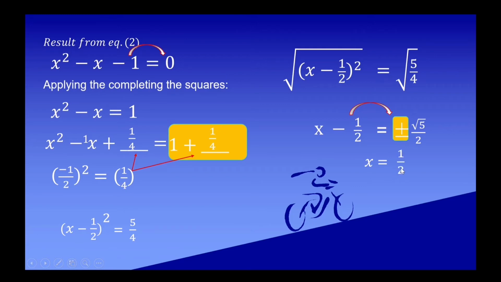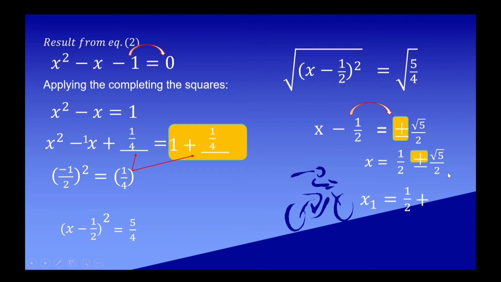So negative 1/2 transposed to the other side becomes positive 1/2, then copy plus or minus square root of 5 over 2. Since we have the positive and negative, we have two roots. Since our equation is in the second degree, that is quadratic.